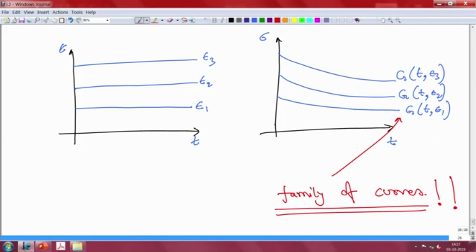But perhaps there is some condition under which you can simplify this. It does turn out that there is a condition called the linearity of scaling, under which you can make some simplifications, and we will see in the next class how linearity of scaling helps us define material properties from the creep test and the stress relaxation test. So, we will end this class here.